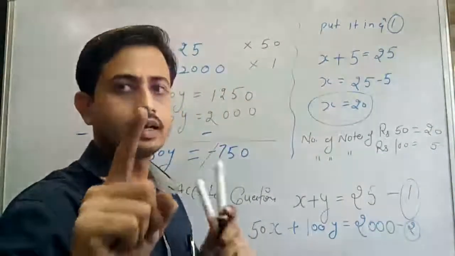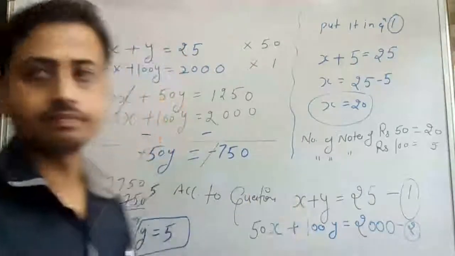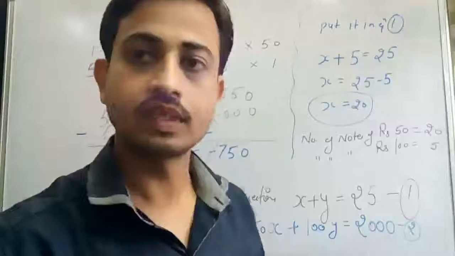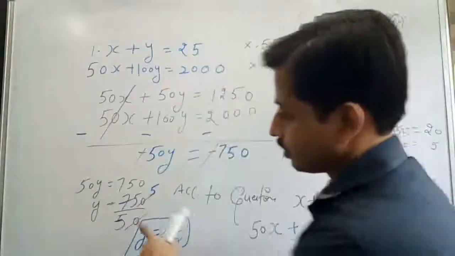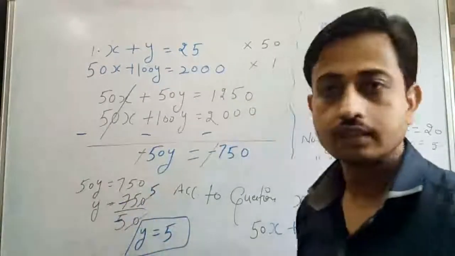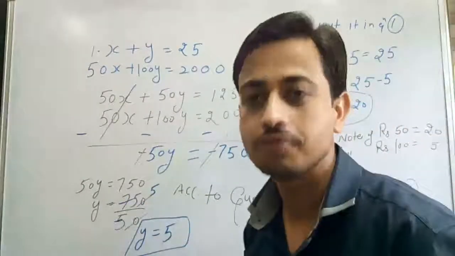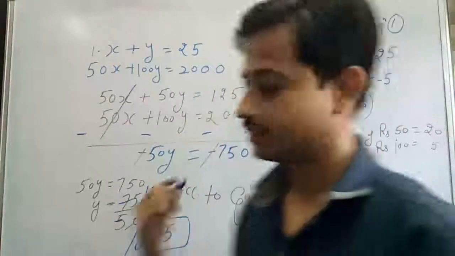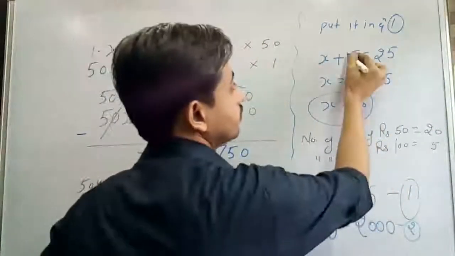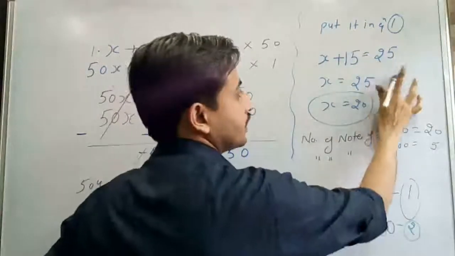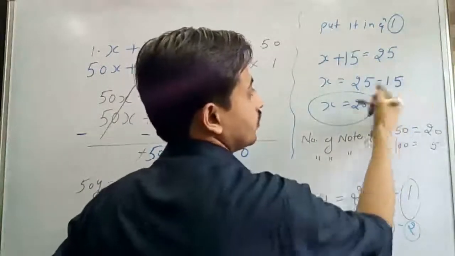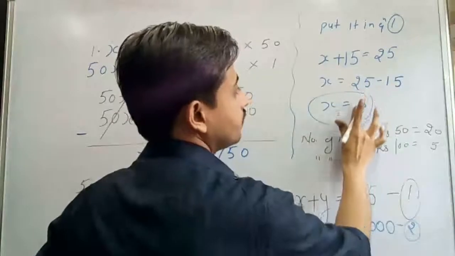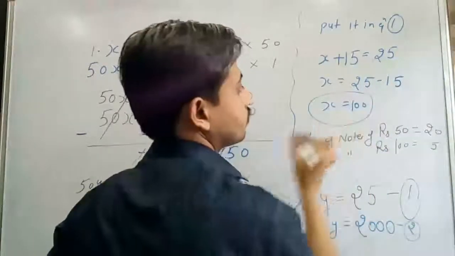So please make a correction. Please check it. Please correct here. 5 15s are... so we get not 5, we get 15. So please do the correction here. We get 15. So if we write 15 here, it becomes negative 15. 25 minus 15, we get 10.